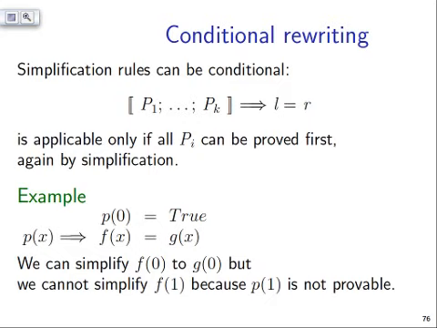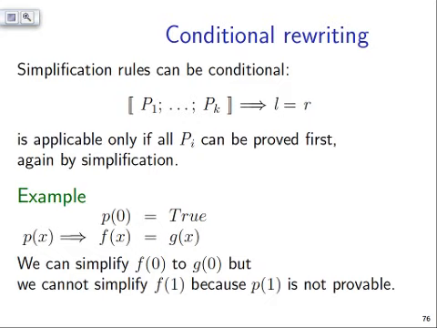You have to understand this when you state these conditional rewrite rules: it actually recursively invokes the simplifier. So it'll say, okay, we try to rewrite f of 1 to g of 1. Now let's first prove p of 1.